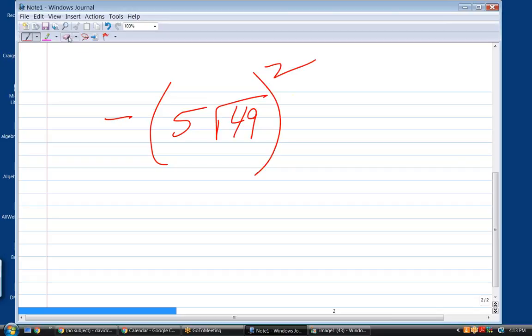Let's make the numbers a little nicer. Let's make that a 3. Let's make this a 25. Since all that inside is going to be squared, wouldn't it not matter if it's starting out negative because it's going to end positively?